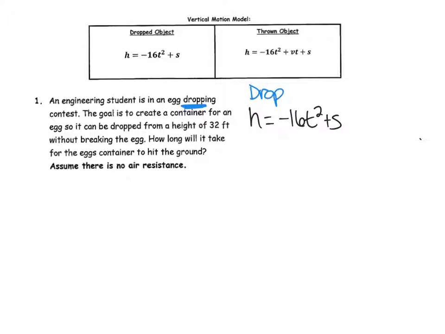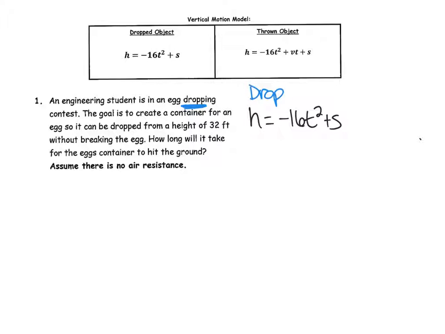All right, so here we go. The problem is asking us to find how long. That means time. We are solving for time. If you look up at the top of your paper, you'll see that it says to set up a quadratic model and solve it using any method: factoring, quadratic formula, completing the square, or taking square roots.